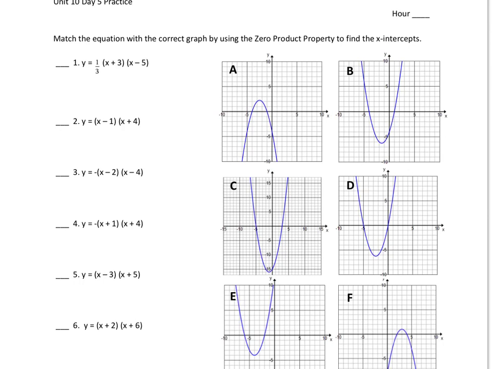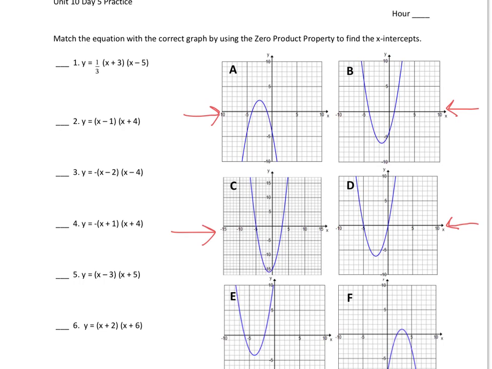Now it says match the equation with the correct graph by using the zero product property to find x-intercepts. Well, x-intercepts are where the graph crosses the x-axis. So the x-axis, remember, is always the horizontal axis. So you want to find the x-intercepts in the equations that would match up with the appropriate graph.